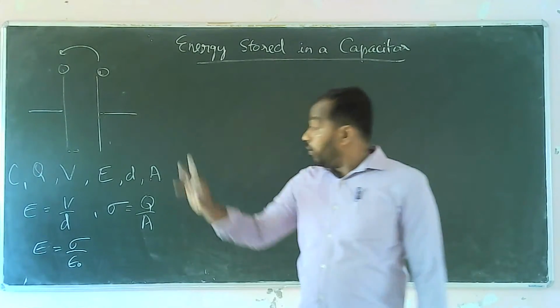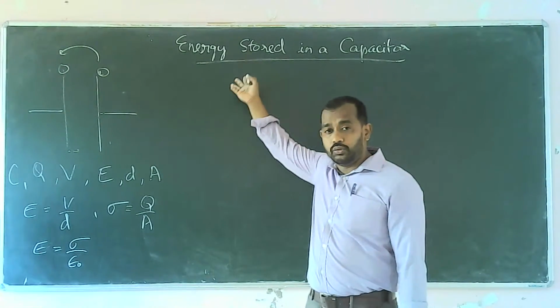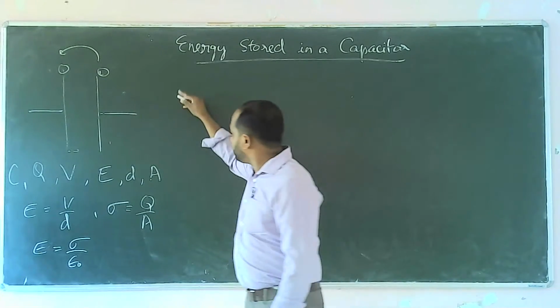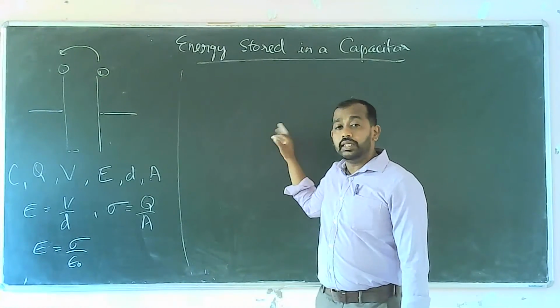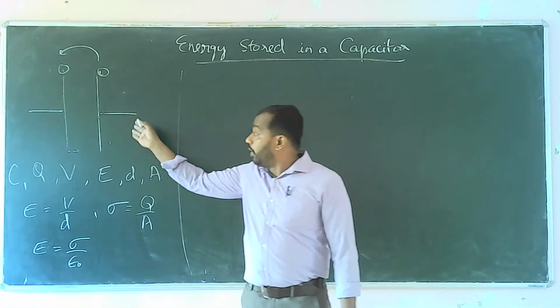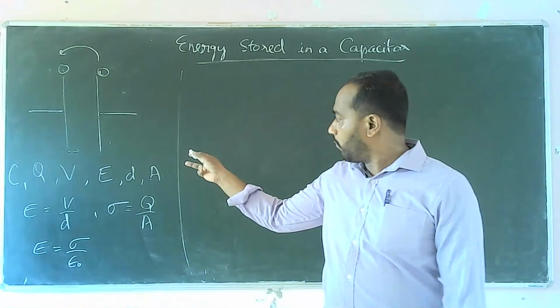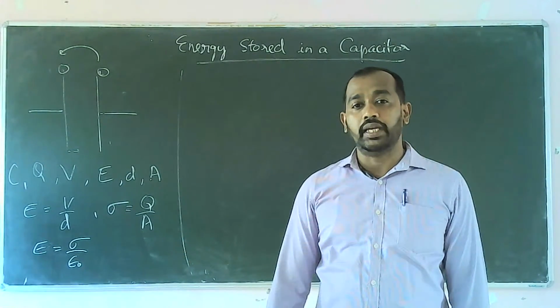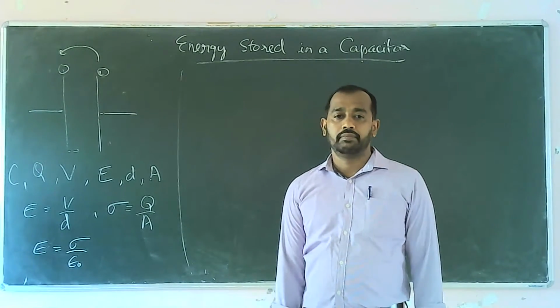Now, when we start the derivation, since we need to use the method of integration, as a variable force is involved, we are first going to take an intermediate case.